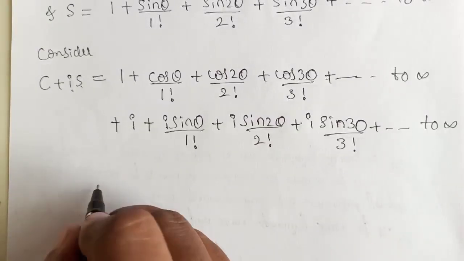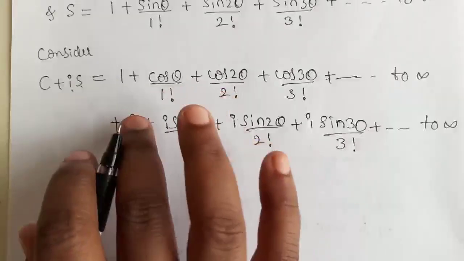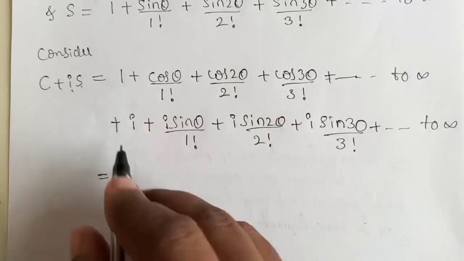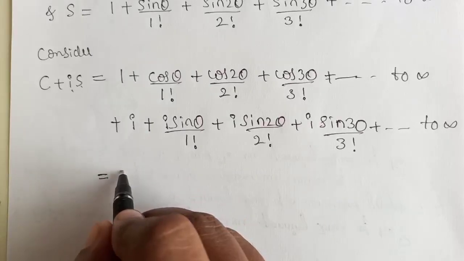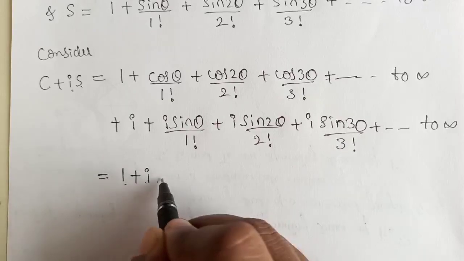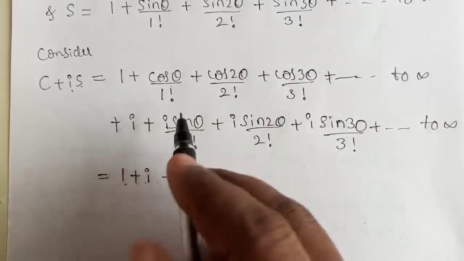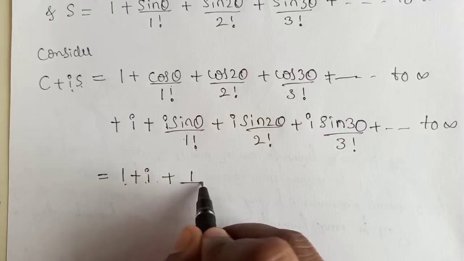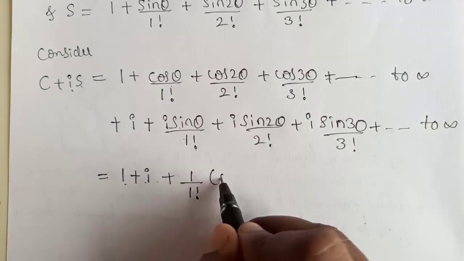Now we can group all the terms in the form of cos theta plus i sin theta. Because here we don't have any cos or sin function in the first terms, we first write 1 plus i. Now in these two terms we take 1 divided by 1 factorial as common, giving cos theta plus i sin theta.